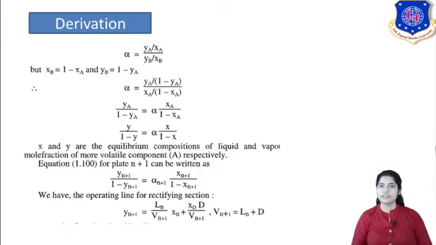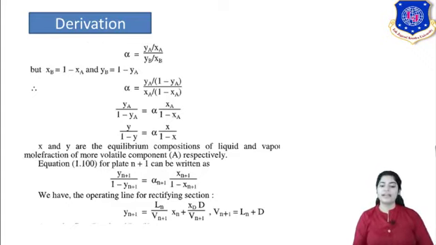I have represented your equation in form of the more volatile component. For any plate n plus 1, we write it as yn plus 1 upon 1 minus yn plus 1 is equal to the relative volatility of that n plus 1 plate into xn plus 1 upon 1 minus xn plus 1. For any plate you are writing it that way.